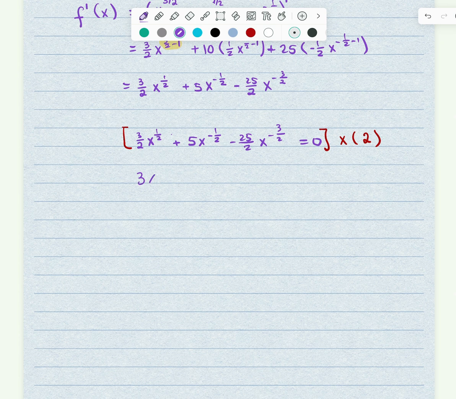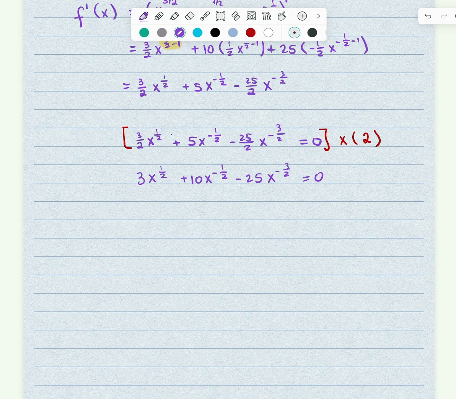Okay, so get rid of the denominator in the coefficients. That's going to be 3x to the power of 1/2 plus 10 x to the power of negative 1/2 minus 25 x to the power of negative 3 divided by 2, equal to 0. Now what I want is an x squared.